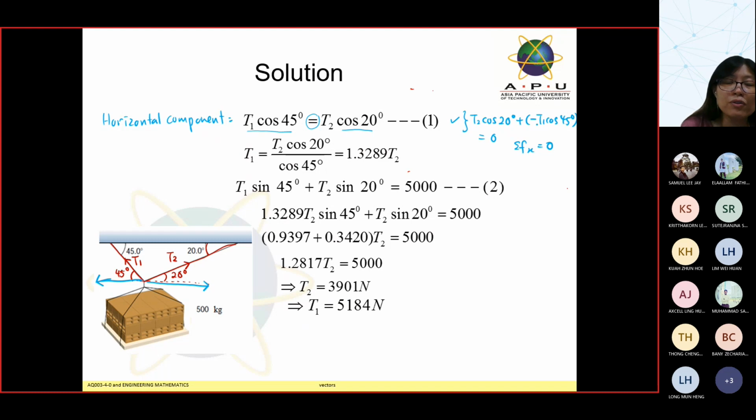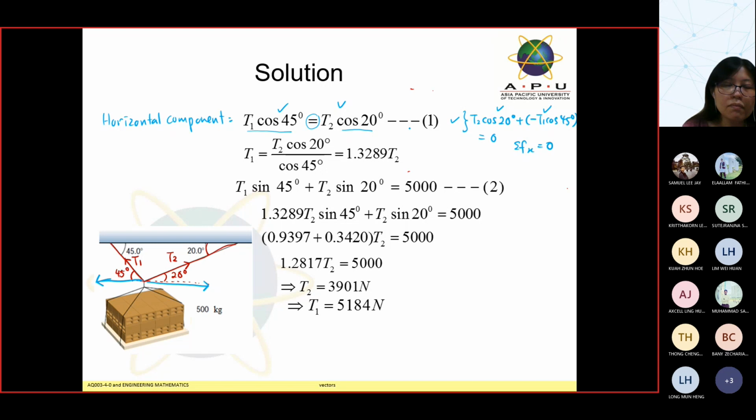If you rewrite this, you will get T1 cos 45 equals T2 cos 20. So the concept is the same. But in order to solve it easily, we always put the total at the left equal to the total at the right.